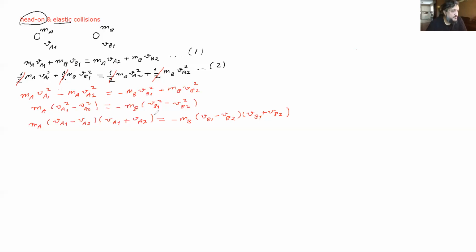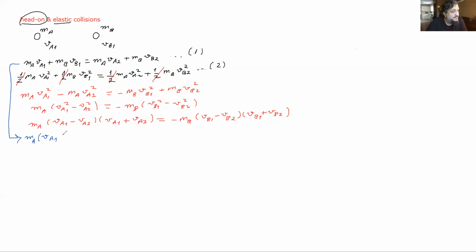And let's group these terms the same way I did for the second equation. Means put the A terms on one side and factor ma, so this is from equation number 1.